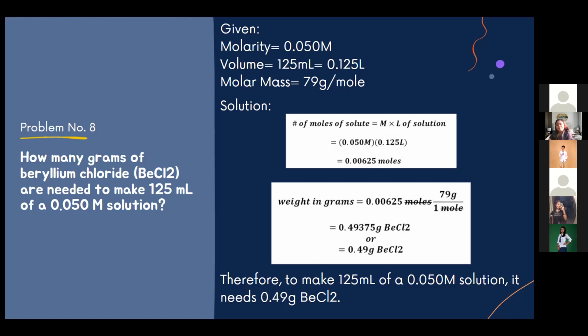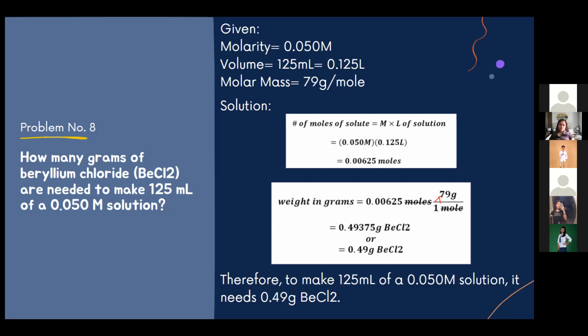So, derive na naman ang formula. Ang i-multiply is 0.00625 moles times 79 grams per mole. Kaya meron mang mole, parang i-cross out yung moles and maiwan na lang yung grams na unit.